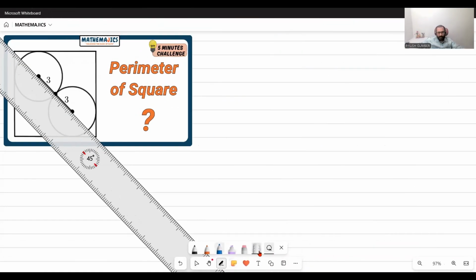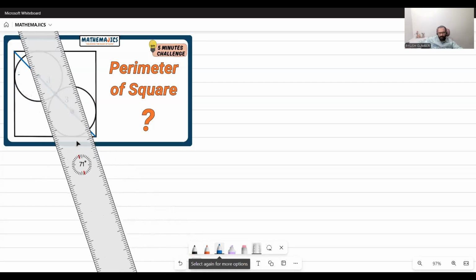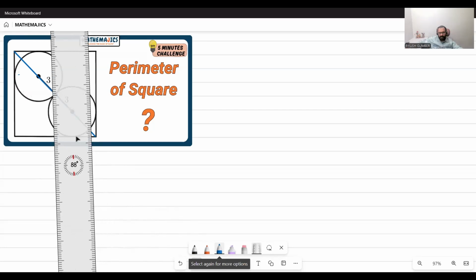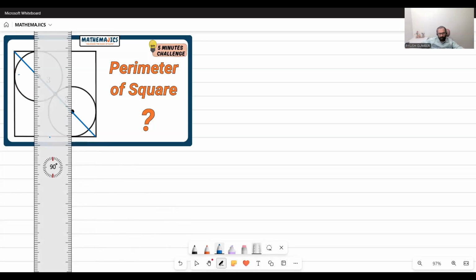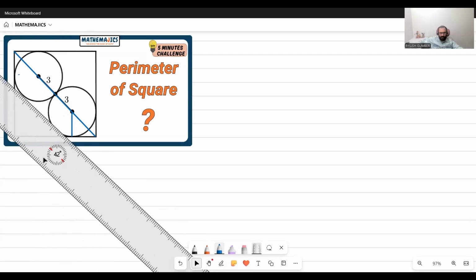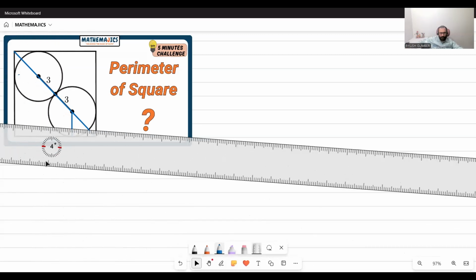So let's see how we can find the perimeter of this square. To find the perimeter, let's first draw the diagonal of this square. And we can also draw the two radii that are touching tangentially to the square, like this one and this one.